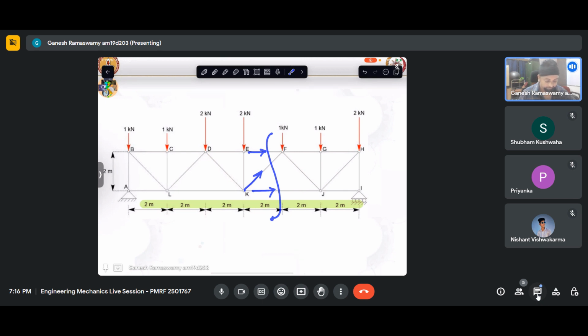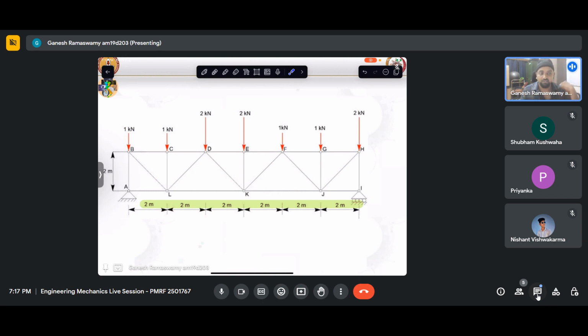If we need to find out the force in member EF, then we need to calculate the moment about some other point where the contribution would be non-zero. So if I take the moment about J, I can see that EF will have a contribution. KJ will not have a contribution because that is passing through J, but KF will also have a contribution at J. So I will have a single equation, but I will have two contributing forces.